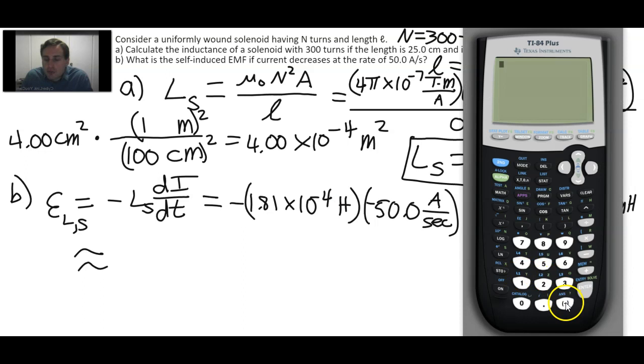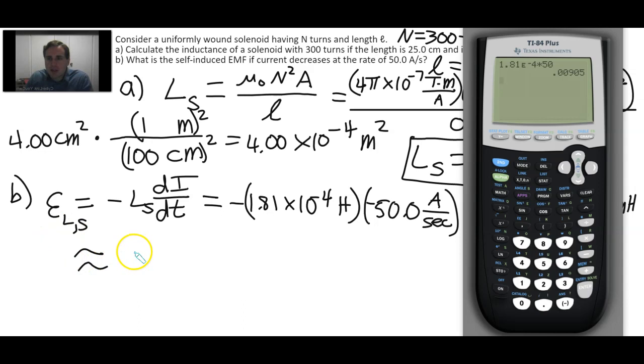So the calculation should be 1.81 times 10 to the minus 4 power, and that times 50. Now, by the way, minus times minus is just a plus, so we'll just ignore that. So that's 0.00905.